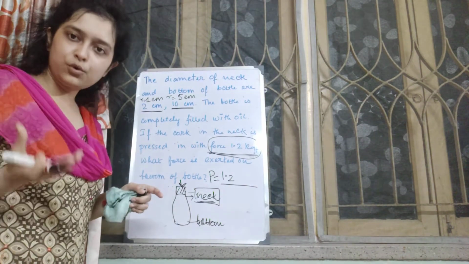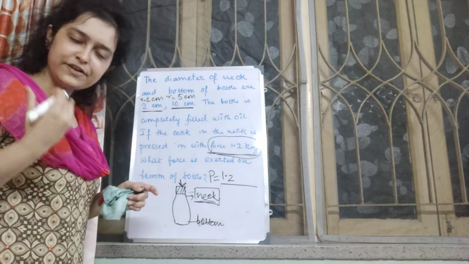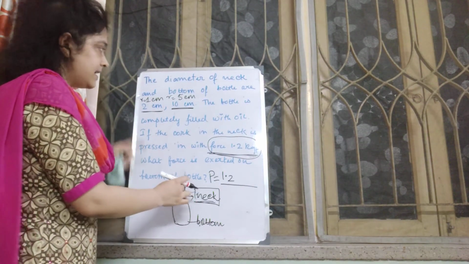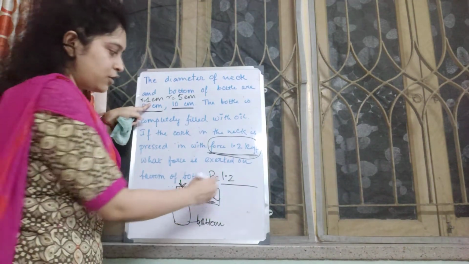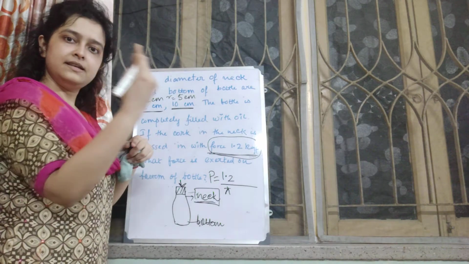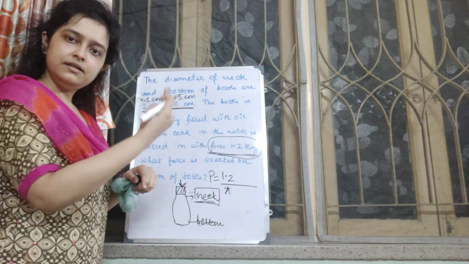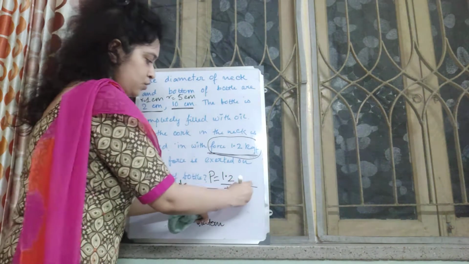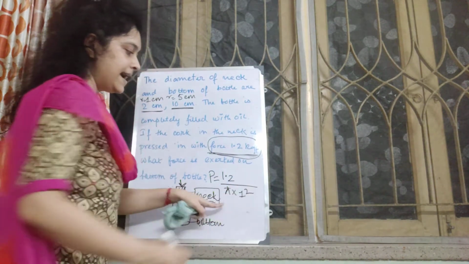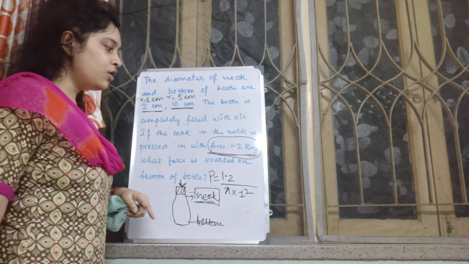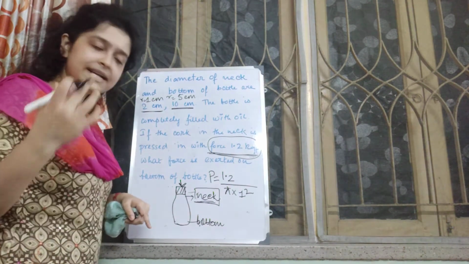Pressure is equal to thrust by area of contact. So, the neck radius is 1 centimeter, that means basically circular, the neck. So can I write pi into 1 square? Now this is in centimeters, so I will have to convert it to meter.